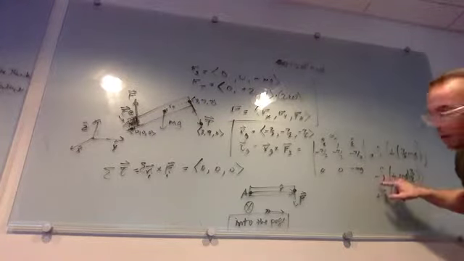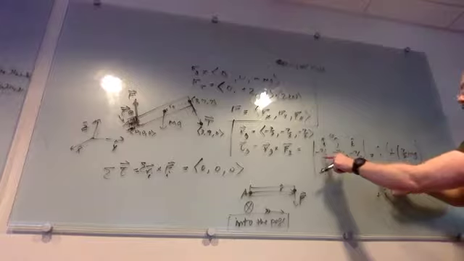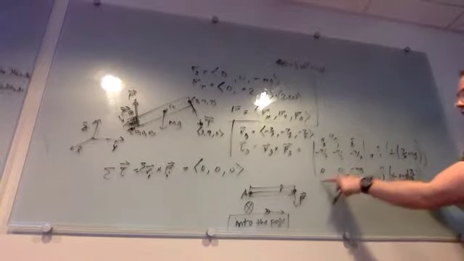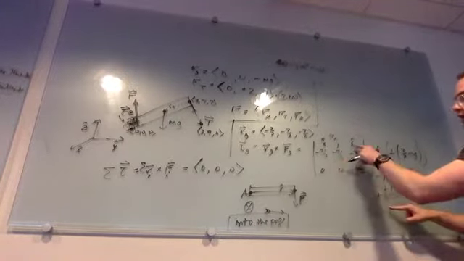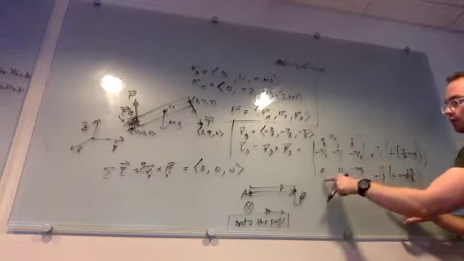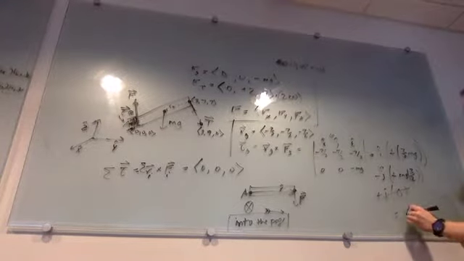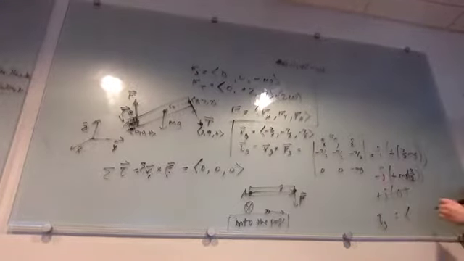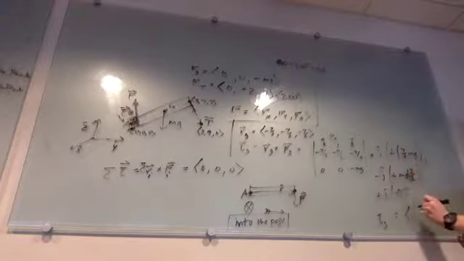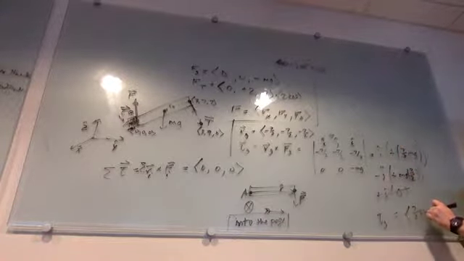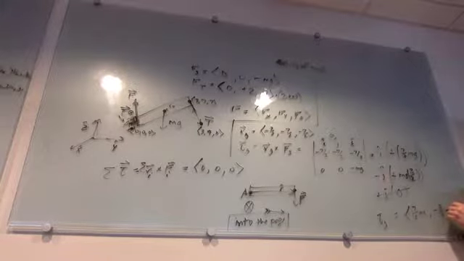So minus j hat, the determinant of this matrix, which is 3/2 mg, minus 0, good, plus k hat times 0, since both are 0. So the torque due to gravity is: the i component is 7/2 mg, the j component is minus 3/2 mg, and the k component is 0.